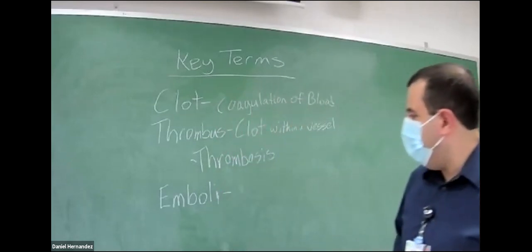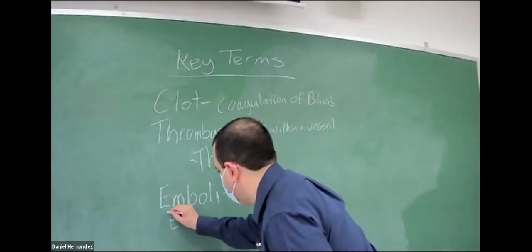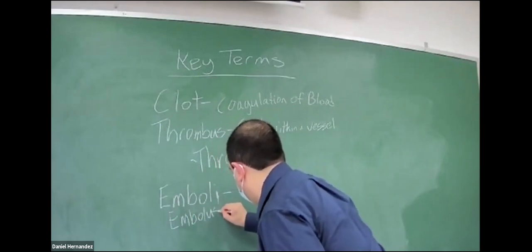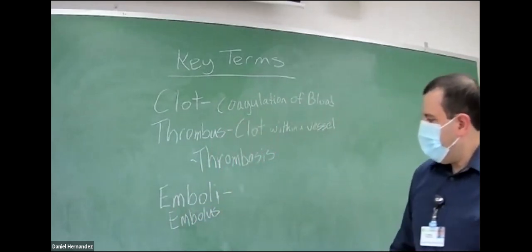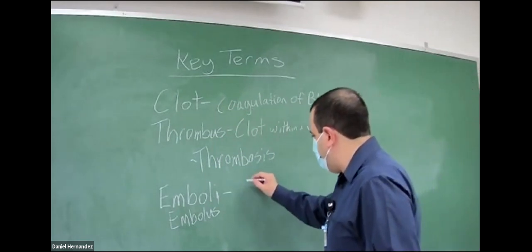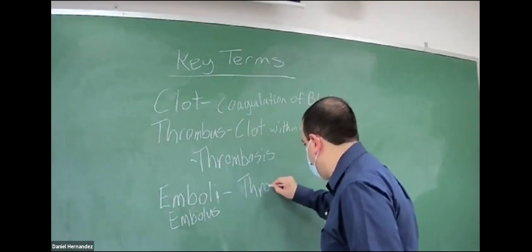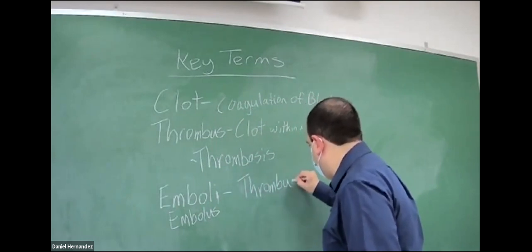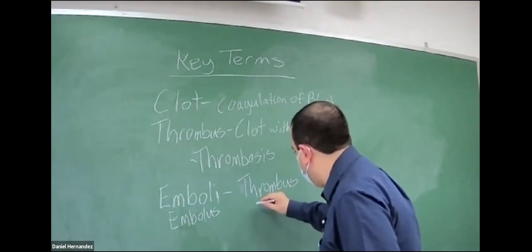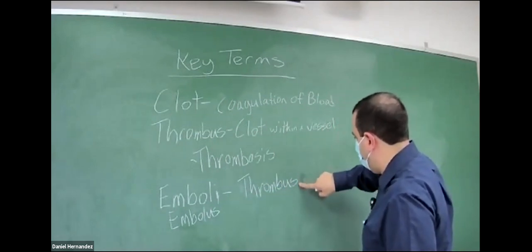So the next word is emboli or embolus. Emboli or embolus is the term that we give to a clot or thrombus that has moved or broken off from the veins.